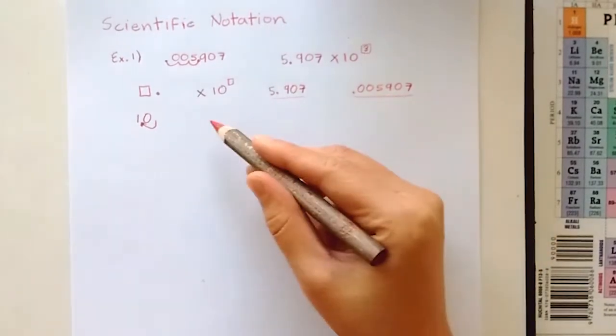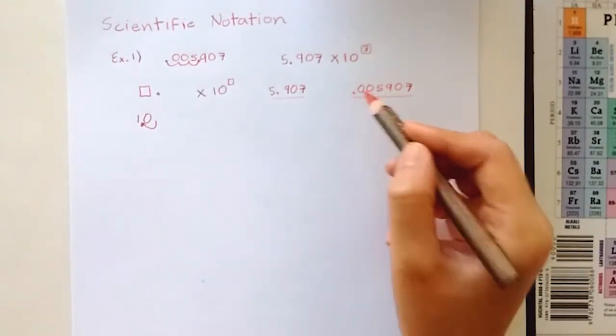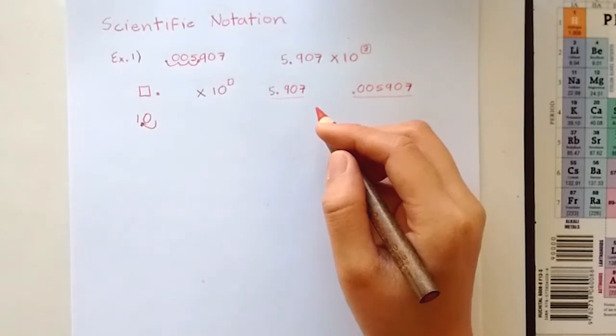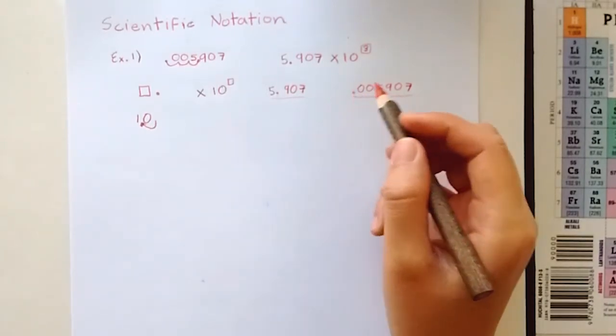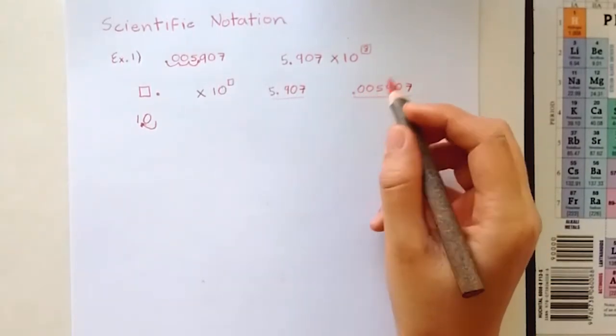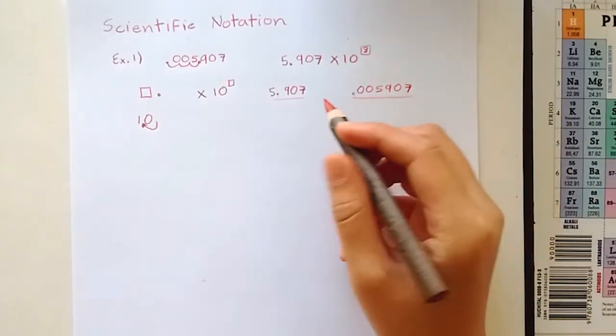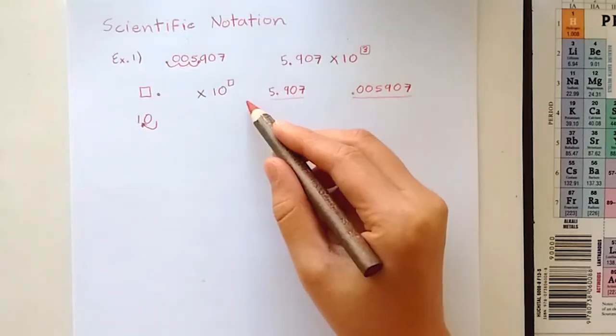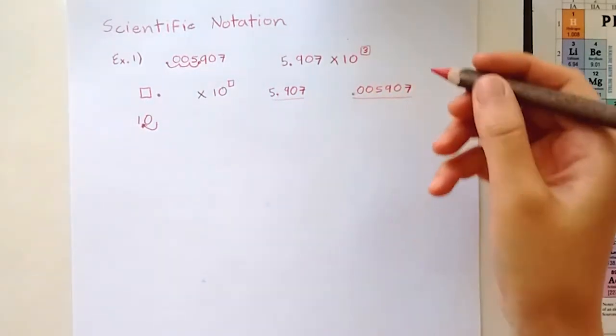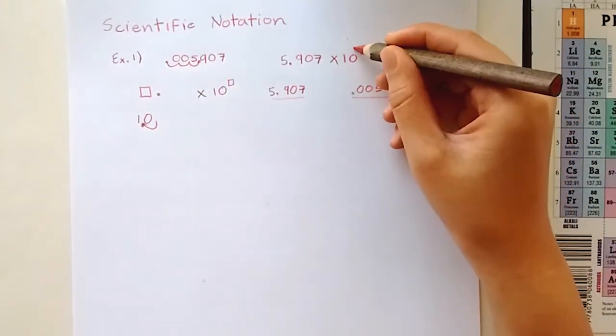It has to go to the left to reach our original value. So if from scientific notation to the original non-scientific notation form, you have to move the decimal point to the left, the value of the exponent will be negative.